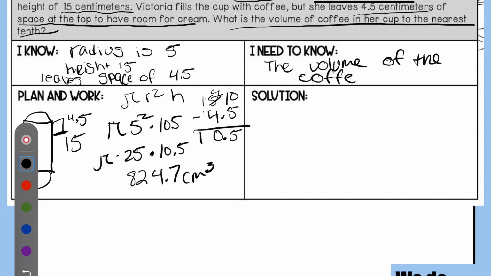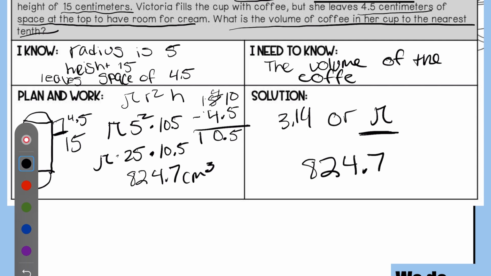Depending on whether you used 3.14 or the pi button on Desmos, you're going to get a slightly different answer. I would encourage you all to start getting familiar with the Desmos calculator and using that pi button. But your final answer is 824.7 centimeters cubed.